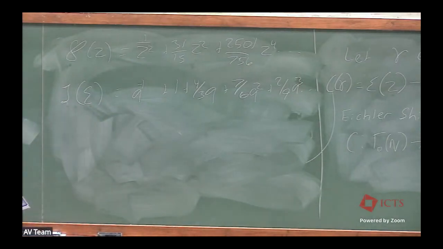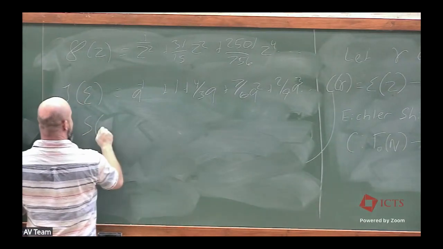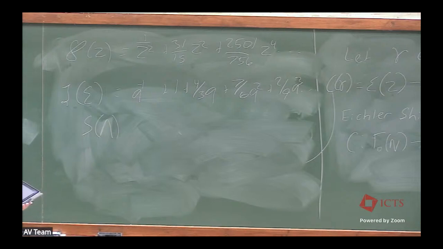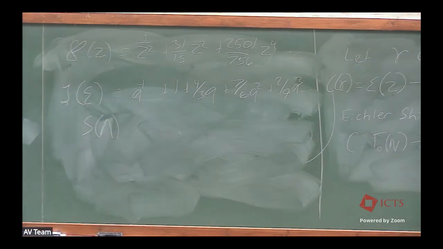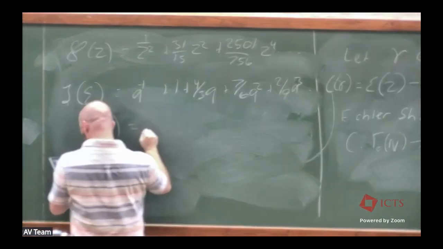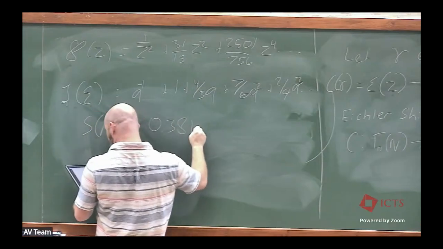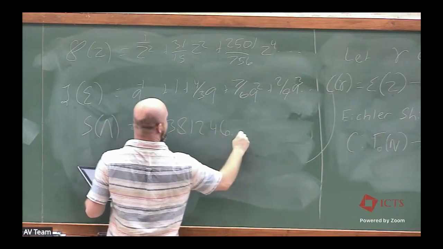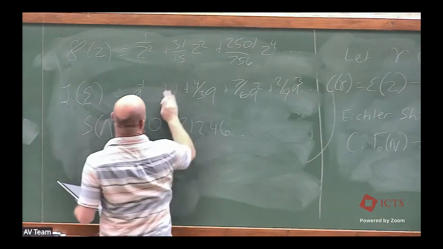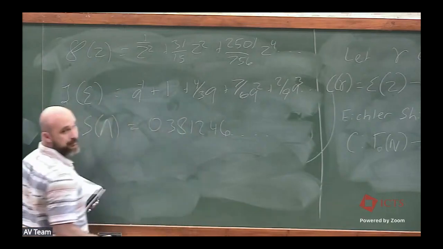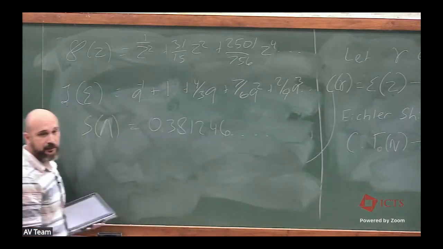In order to get our harmonic Maass form, we need to add two things to it. Okay, so I need this S of lambda value here. I'm going to add this plus a multiple of the Eichler integral. This right here is 0.381246... Okay, this is a 1, 4/3, 7/6, 2/9, and so on.